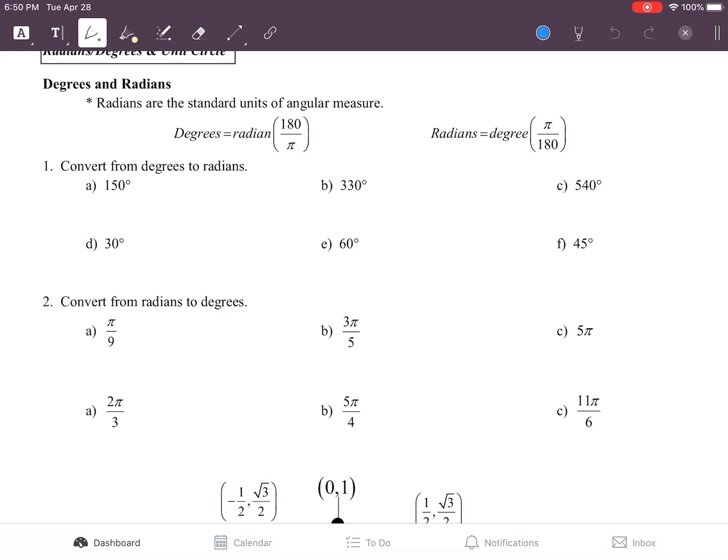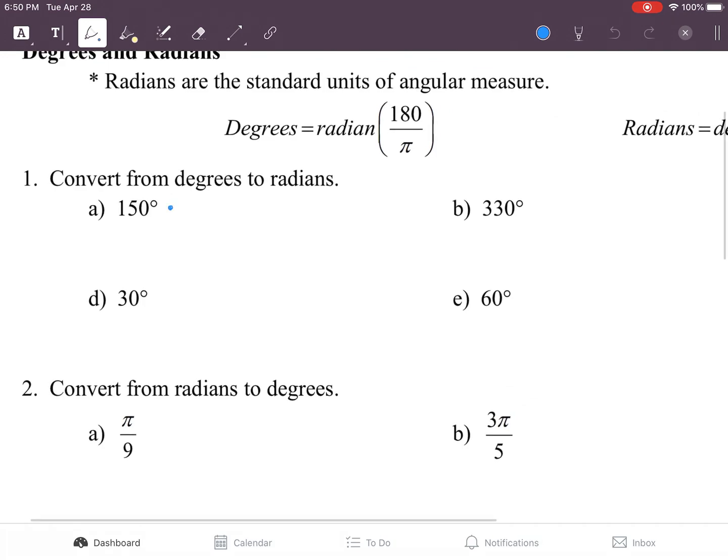At the top here you can see that if you want radians, you take your degrees and multiply them by pi over 180. So let's show you how this works. On your calculator, take 150 and divide it by 180.